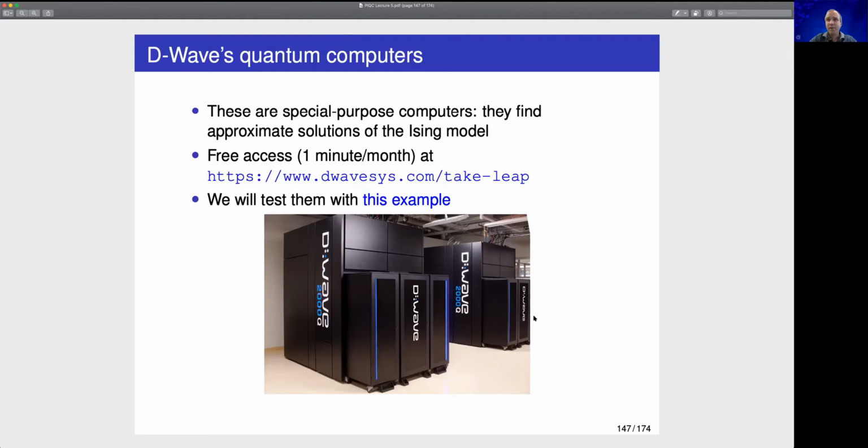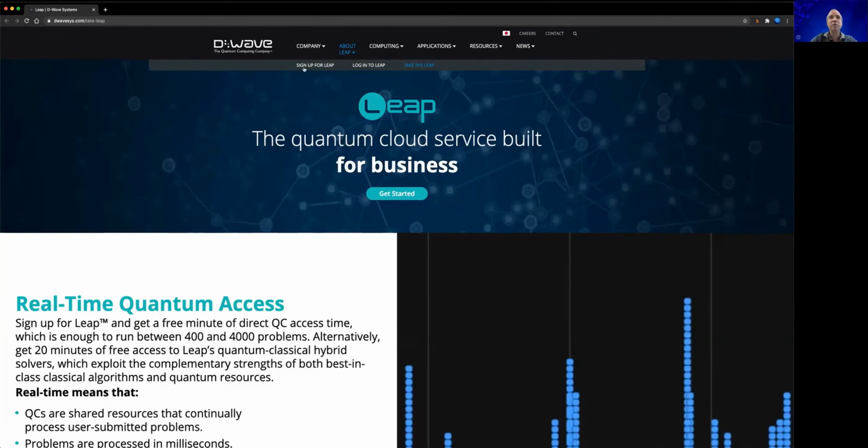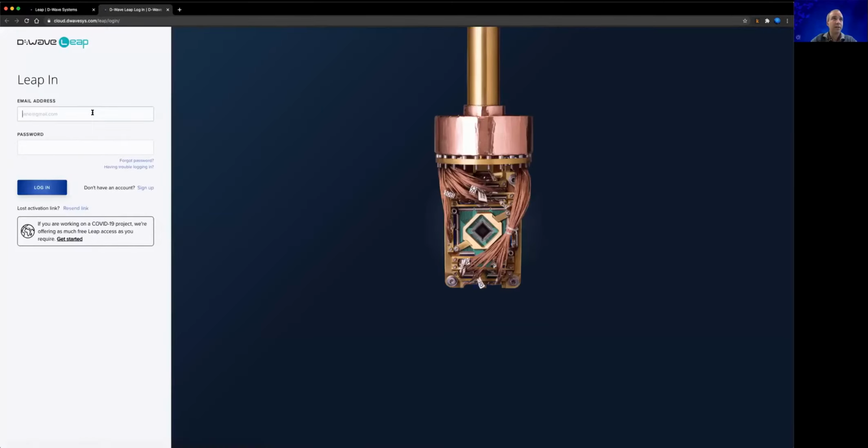this page. Okay, so I'm going to move there, and you need to sign up. Okay, it's free. You need to provide an email address and some information, and then you can use this system. Okay, so I'm going to log in. I already have my account created.